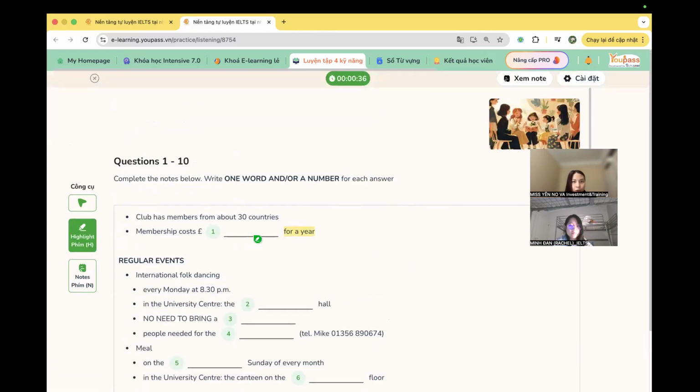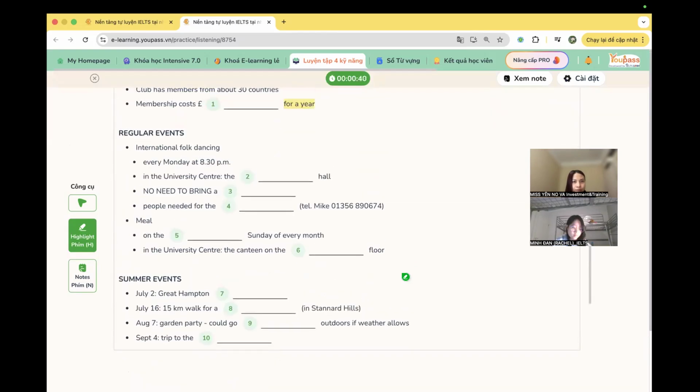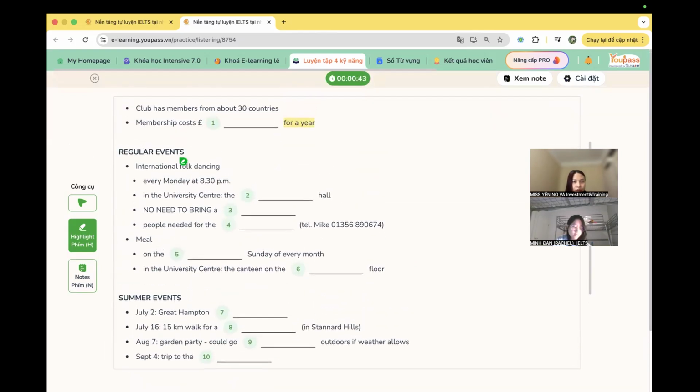Mm-hmm. And only one word for each answer here. Anything else? Regular event. It will take place in the university center, and you can see the hall here. I think they've mentioned something like the main hall, the old hall, or even the direction: south, north, east, or west side.